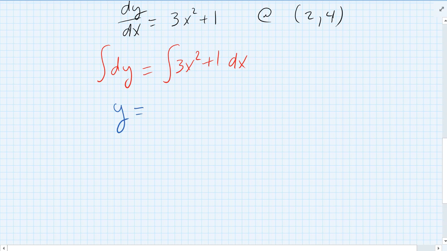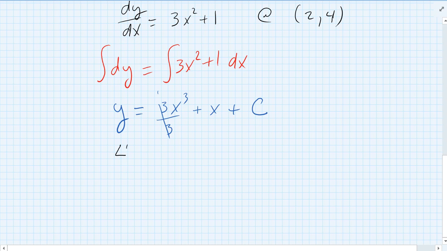1y, right? Okay, what's the integral of 3x squared? x cubed, because it's 3x cubed over 3. The 3's cancel out, become 1, so it's just x cubed, right? What's the integral of 1? x plus c. And what do we need to do? Find c. So that means we need to plug in the point.